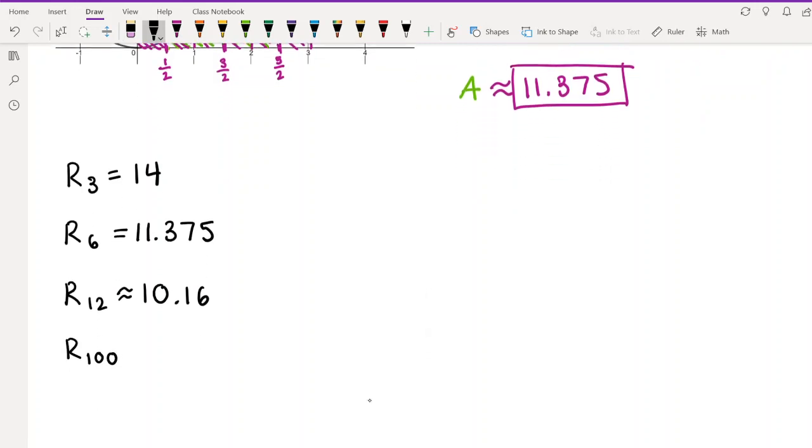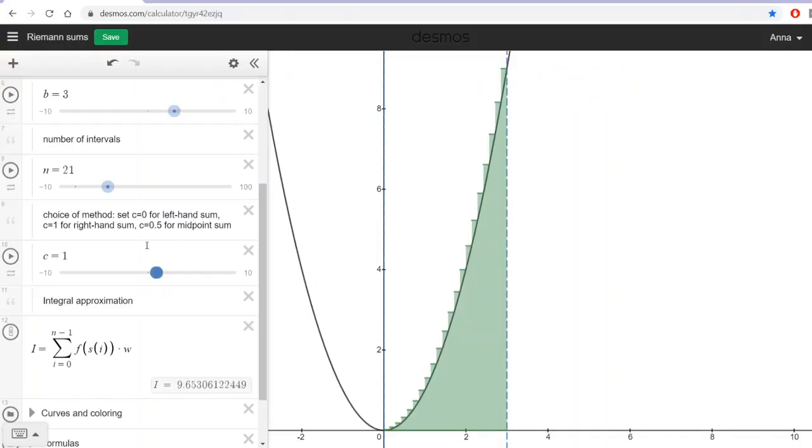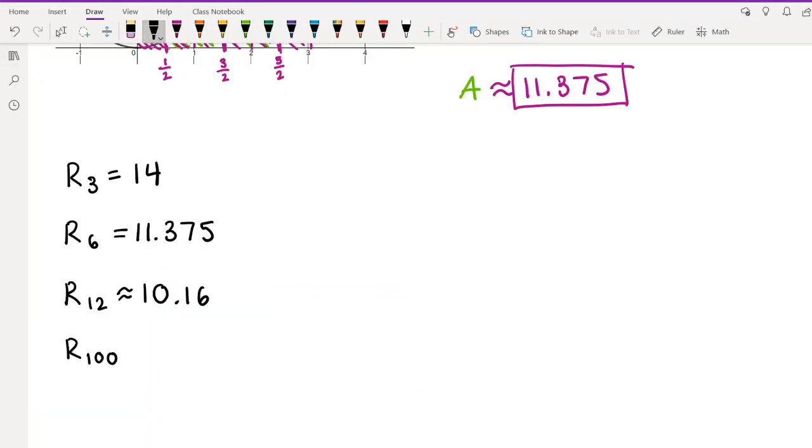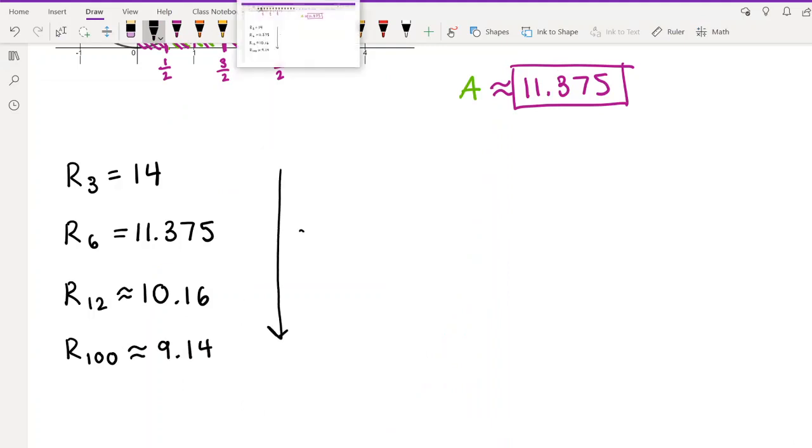And then on this calculator, if you do 100 rectangles, the area is 9.14, rounded. And so basically what's happening is these numbers are approaching 9.